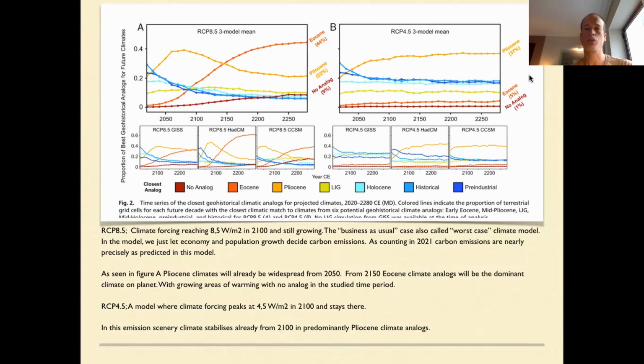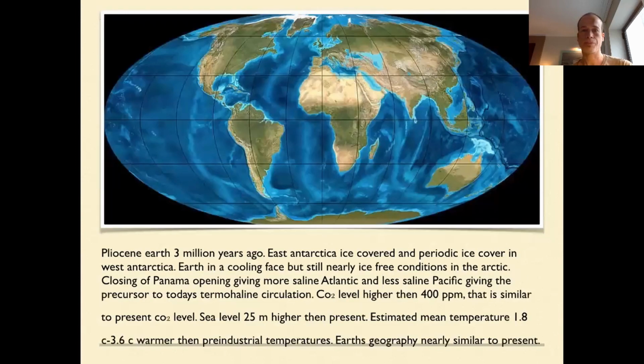So this model is, of course, a safer scenario because we will reach climate types which are more similar to the present, but still, as we saw before, it's a very different planet. It's much warmer.